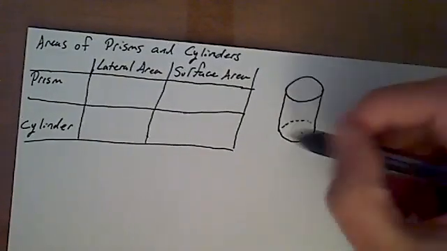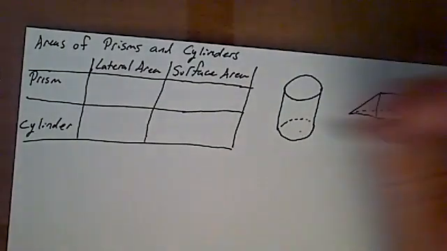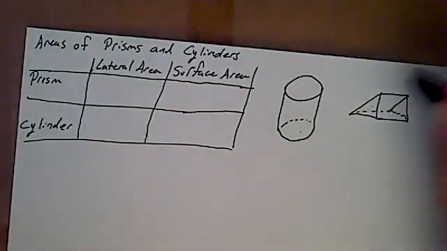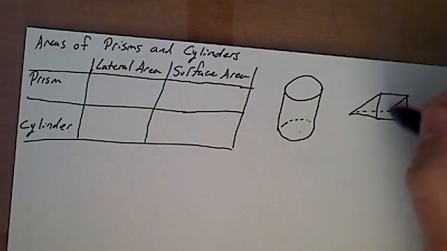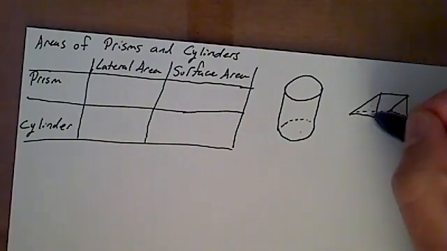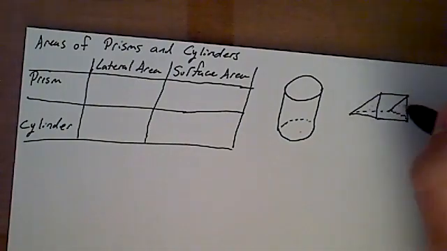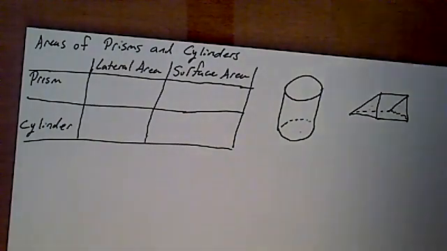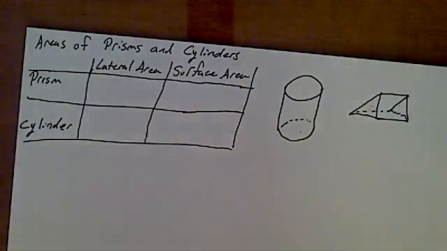It's just the round part for the rest of it. And again, here, lateral area would be the three rectangles that form this triangular prism, not the two bases, the triangles themselves. The surface area would be everything.